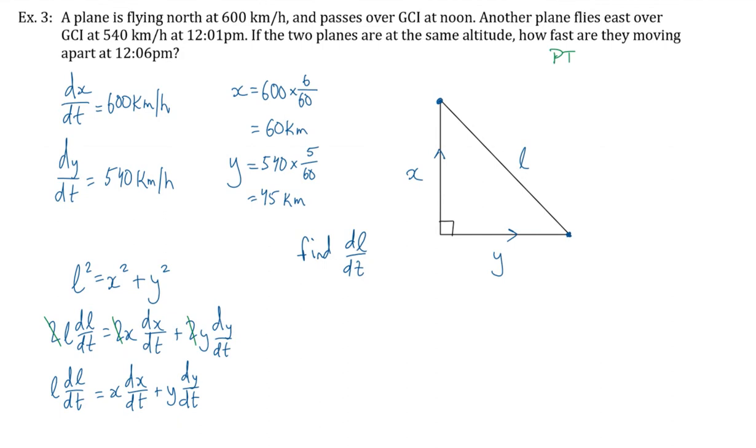We're still missing one more, aren't we? We're missing L. How are we going to find L? With Pythagorean theorem. Now you might say, well, how am I supposed to know how to do that? Well, when we take the derivative and we see that there's an L in there, we have to find it, and you just have to think about, well, how could you find it?